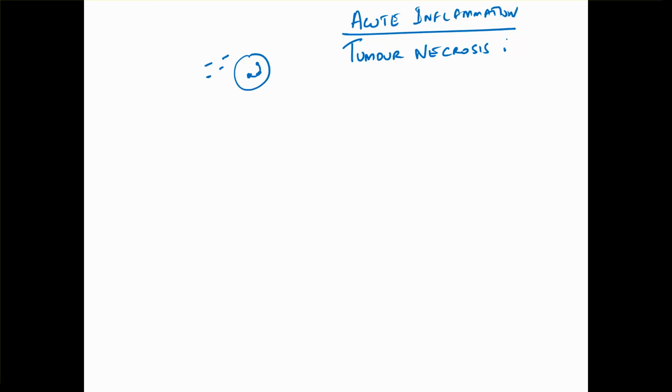Okay, and I'm going to explain during acute inflammation, there are other proteins increased in the blood, that is called tumor necrosis factor and interleukin 1.